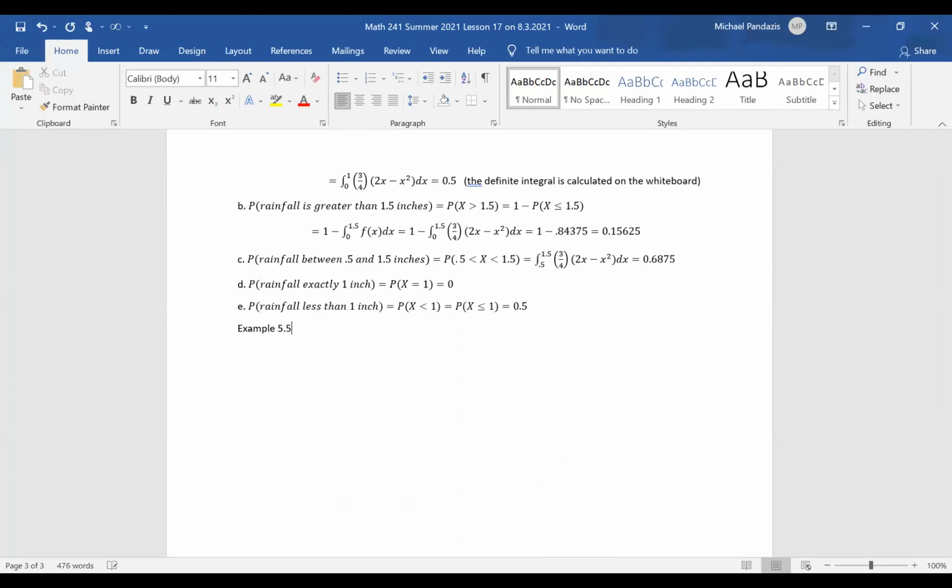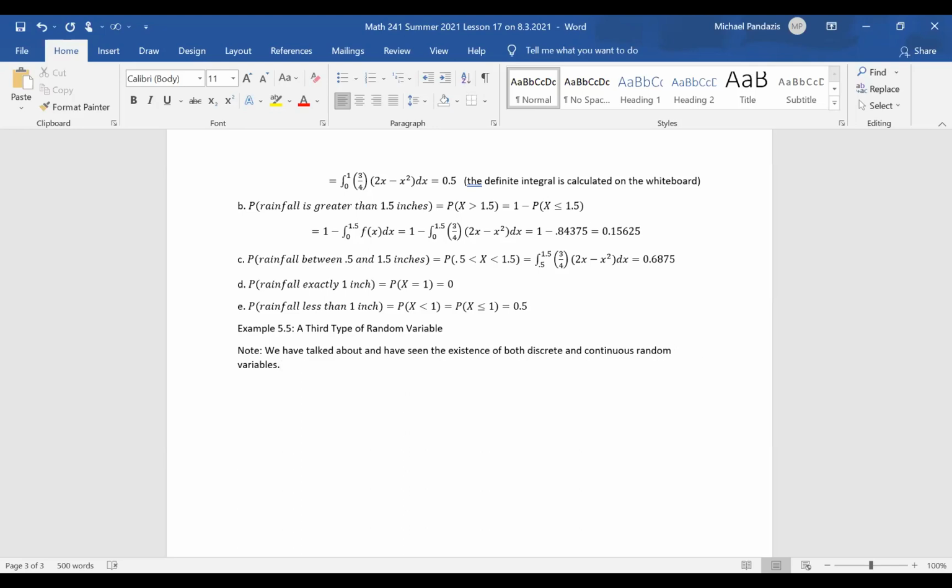Now let's look at another example. In this third example, we think about a third type of random variable. We've talked about discrete random variables, and you've seen the existence of both discrete and continuous random variables.